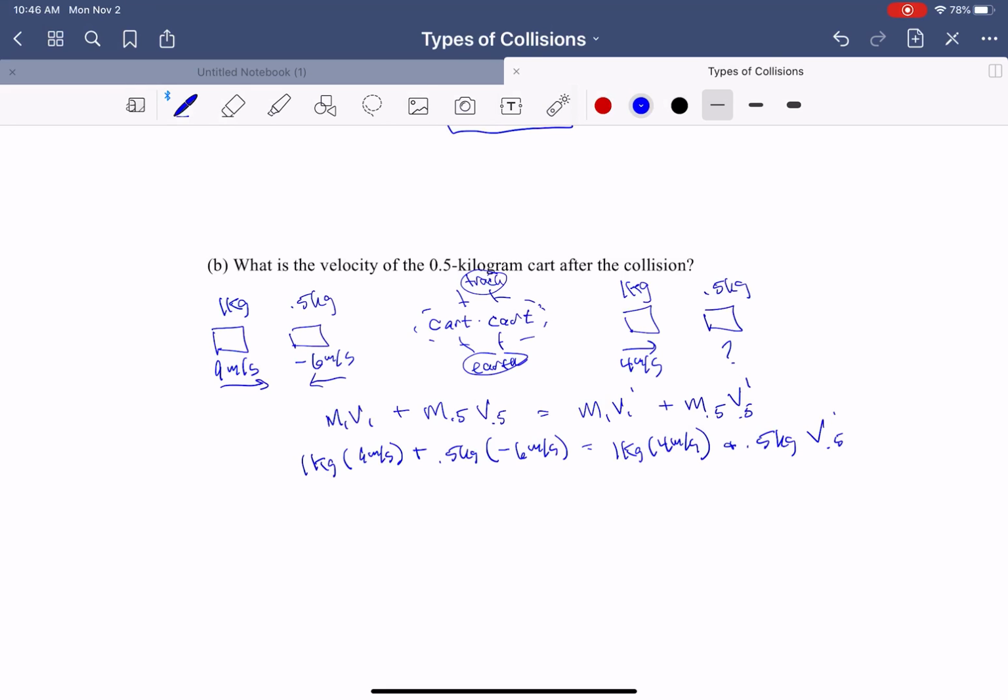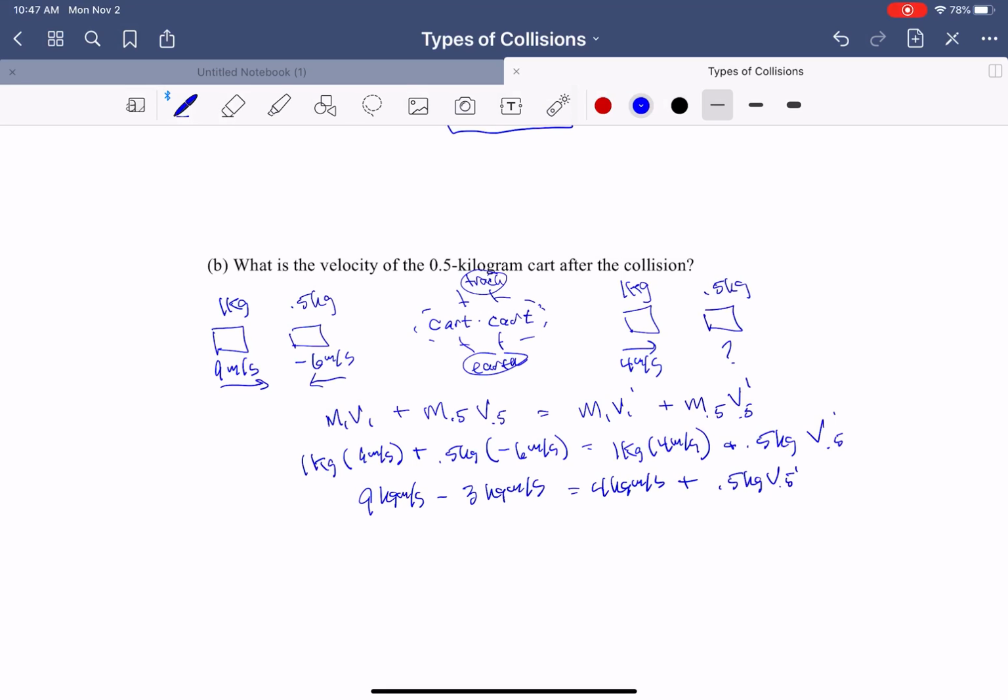So now let's do some algebra. 9 kilogram meters per second minus 3 kilogram meters per second equals 4 kilogram meters per second plus 0.5 kilograms times the new velocity.